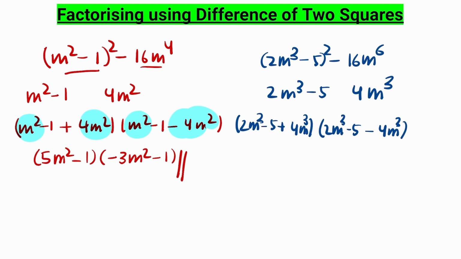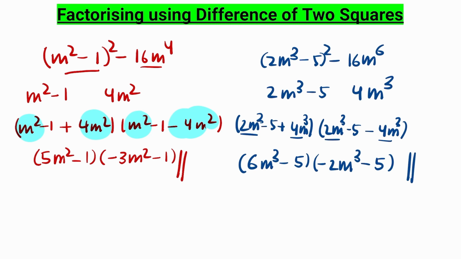Now we can simplify this expression here. 2m to the power 3 and 4m to the power 3 will be added up to get 6m to the power 3 minus 5, and then the other pair of brackets, 2m to the power 3 minus 4m to the power 3, it's minus 2m to the power 3 minus 5. That's the final answer.